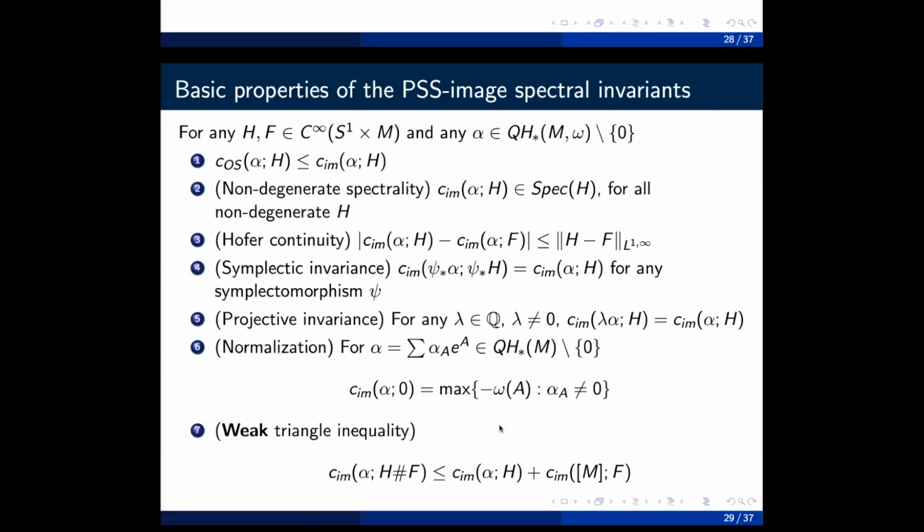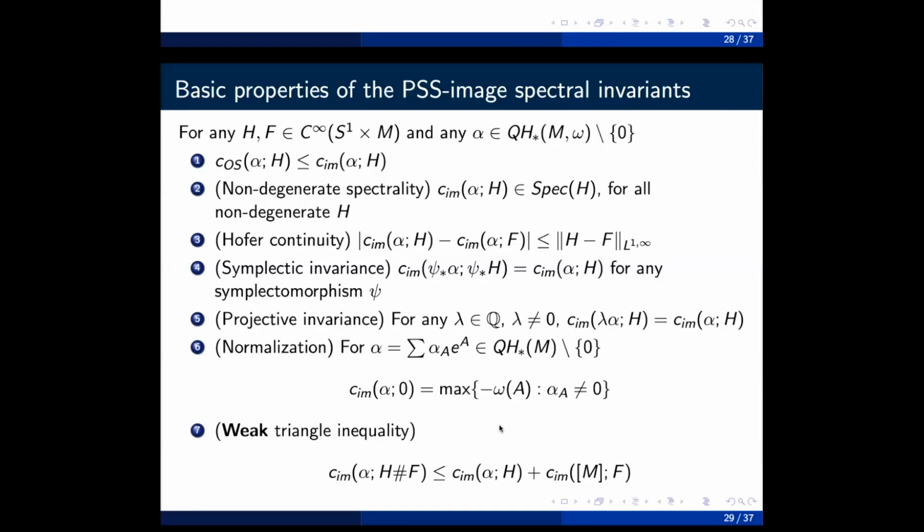The upshot of this is that since we normally deal with spectral invariants through these formal properties, most of the proofs that one normally gives for, say, the Schwarz spectral invariants, so long as you don't really need a triangle inequality where one of the classes is not the fundamental class, you can just run those proofs and they're true for these PSS image spectral invariants.